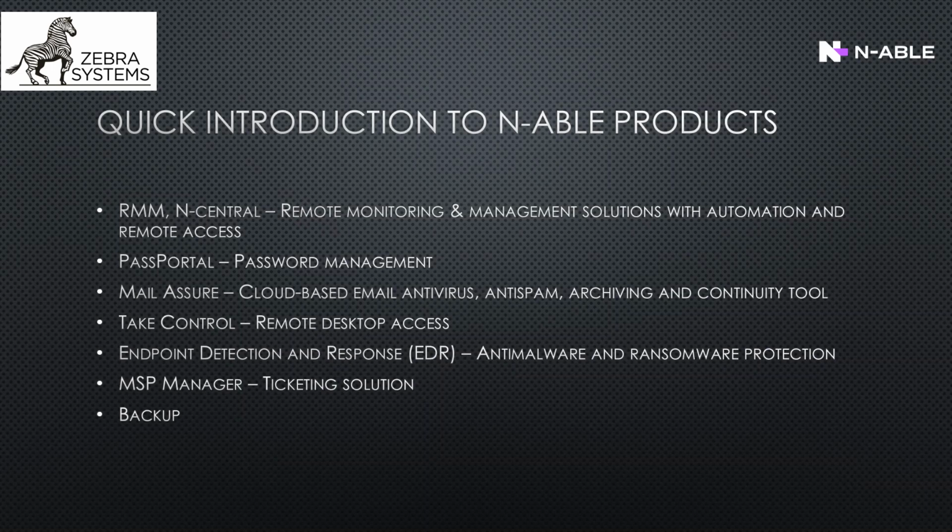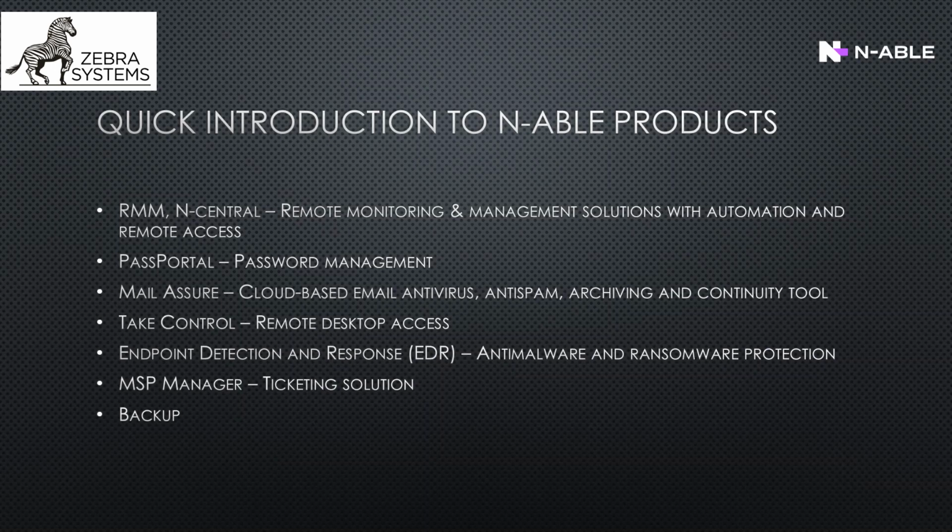For the other products that we won't be really going through today, there's MailAssure, which is email antivirus and anti-spam. It also offers archiving and email continuity, which means if a mail server goes down, the customer can use the interface of MailAssure and continue sending and receiving mails until everything is fixed.